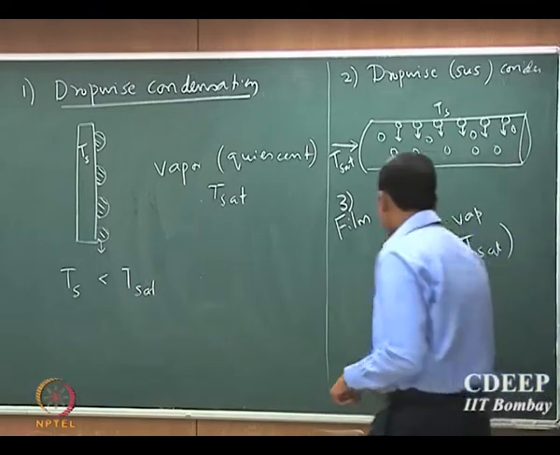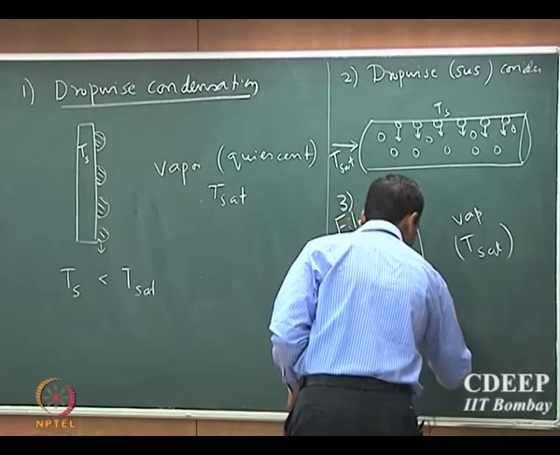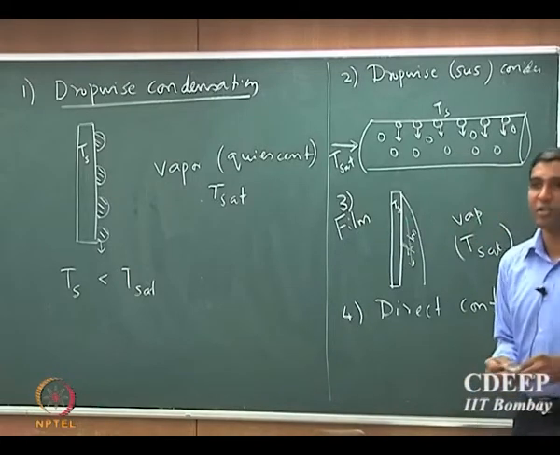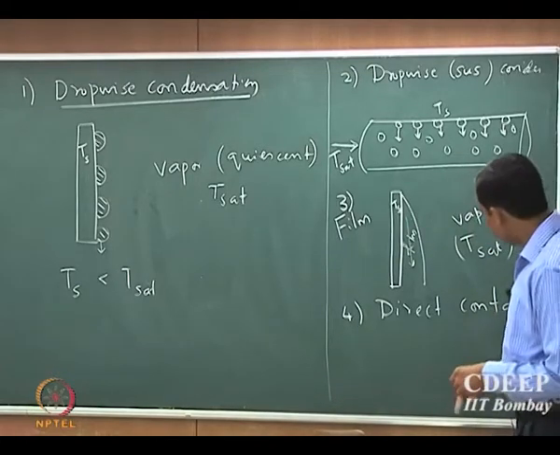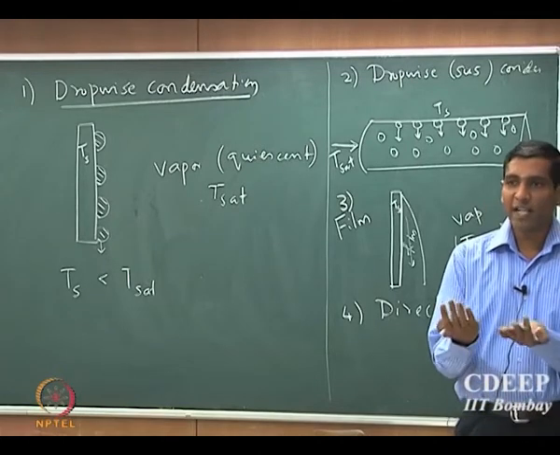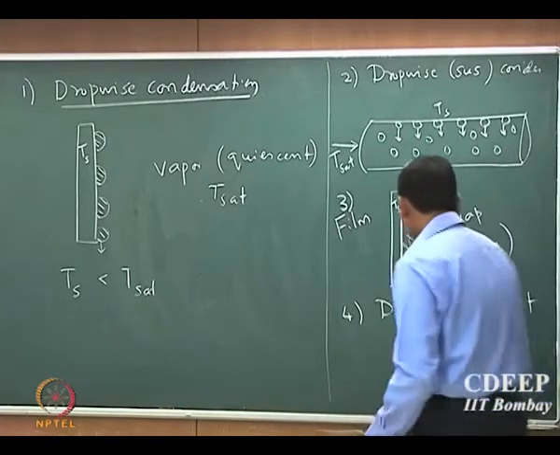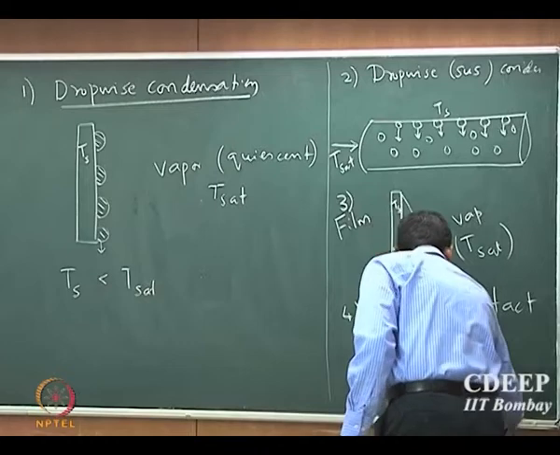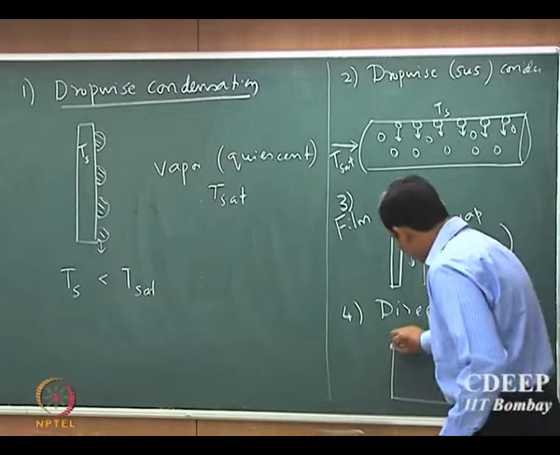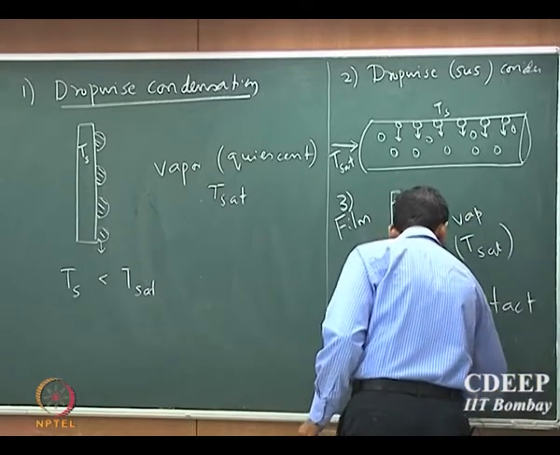Okay. Now, the fourth one is the direct contact condensation process, and this mode of condensation occurs when you have contact between two different fluids at different temperatures. So, a simple way to visualize this is, suppose I have a container with a fluid, and I have a tube here.